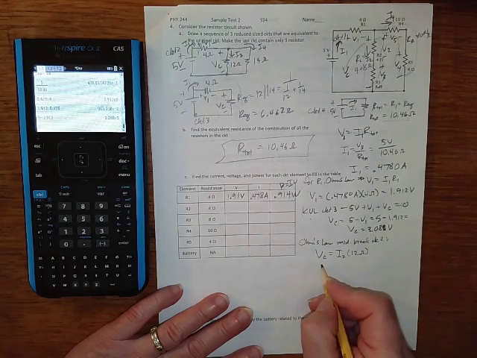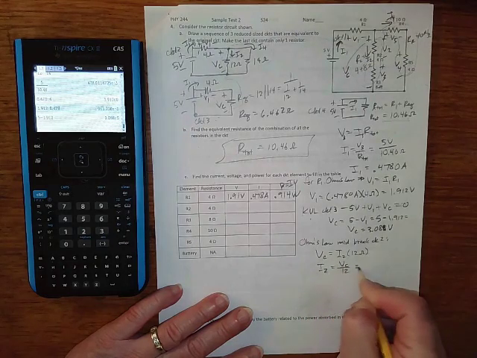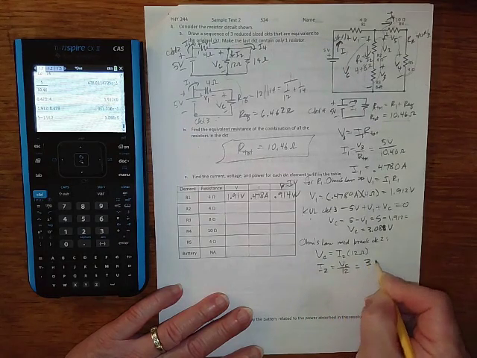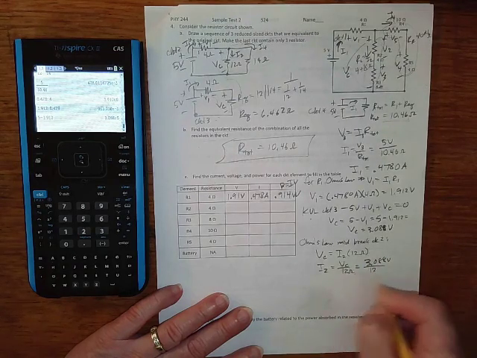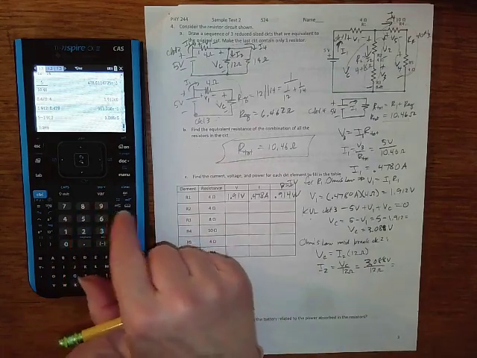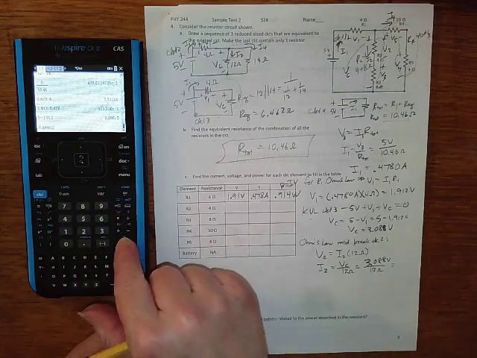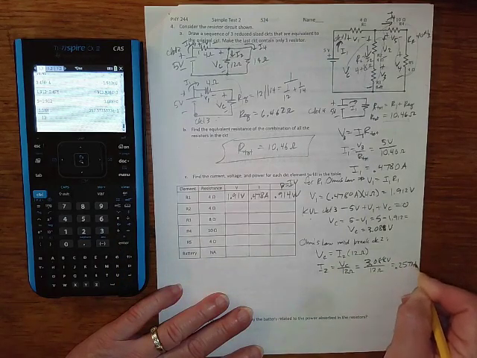And so I2 then has to be VC over 12, and VC we just had, 3.088 volts. I2 is 3.088 divided by 12, 0.2573 amps.